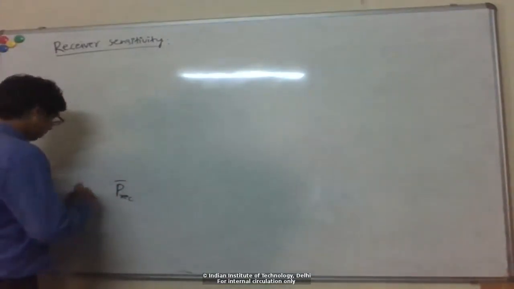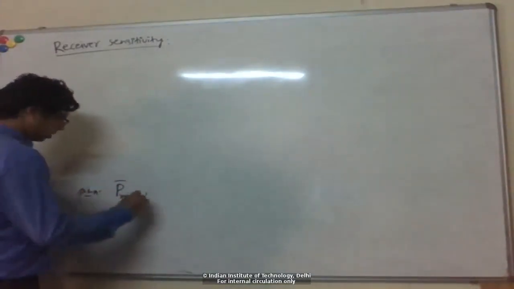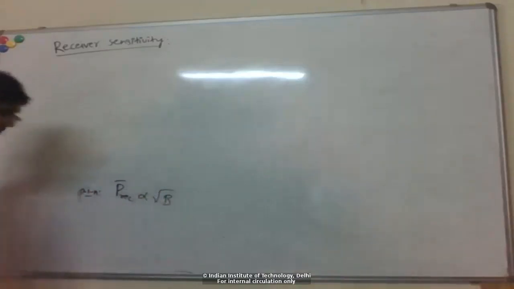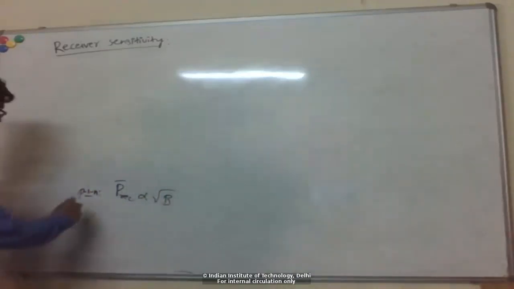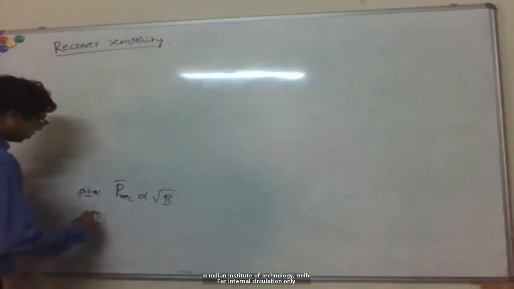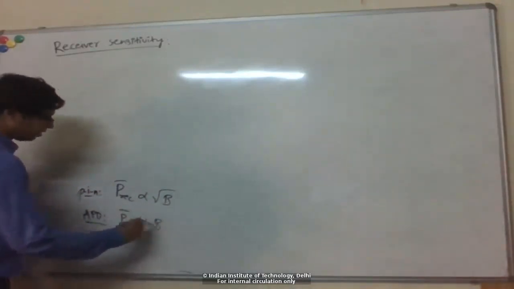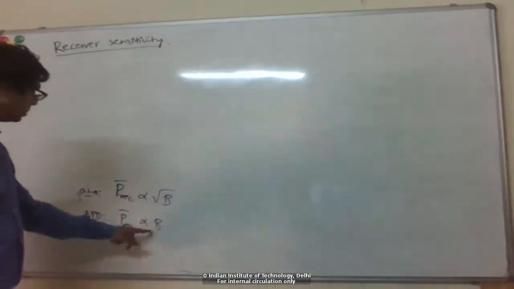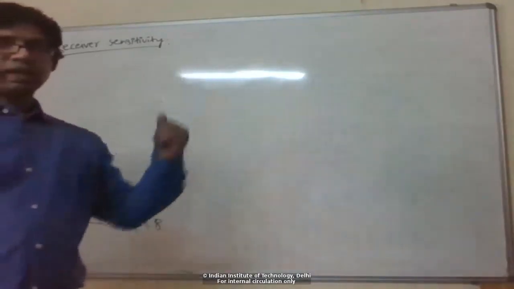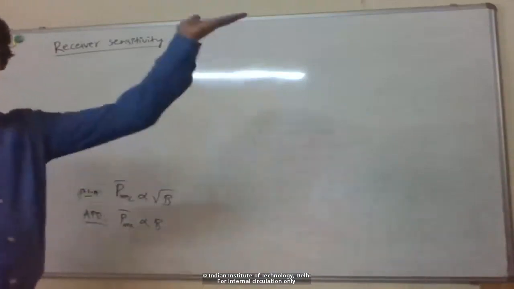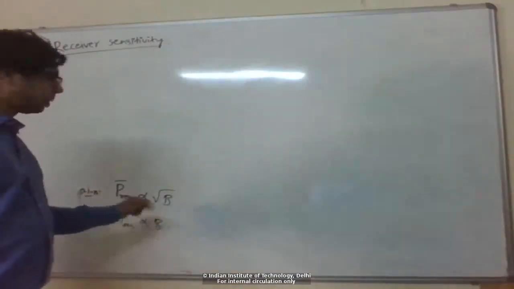For the pin photodiode, which operates in the thermal noise limit, we saw this scales as the square root of the bit rate. Whereas for APDs, the sensitivity scales linearly with bit rate. So as I go to higher bit rates, the power I require for APDs is scaling much faster than for pin.